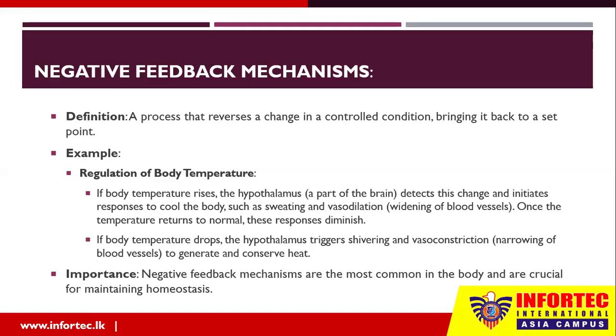It will activate our sweat glands, and the other is vasodilation. It means our blood vessels will dilate in order to cool our body down, right? In vasodilation, our blood vessels will be widened, then heat can be exchanged with the environment, right? So once our temperature returns to normal, these responses, the activation of the sweat glands and vasodilation of our blood vessels, will be reversed.